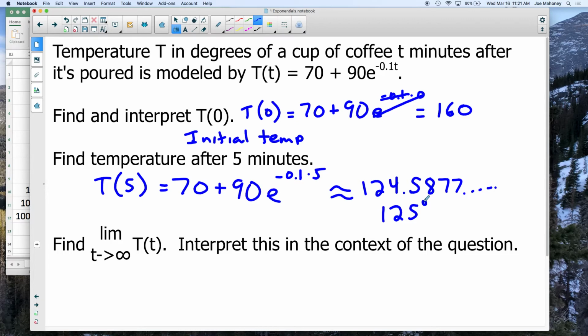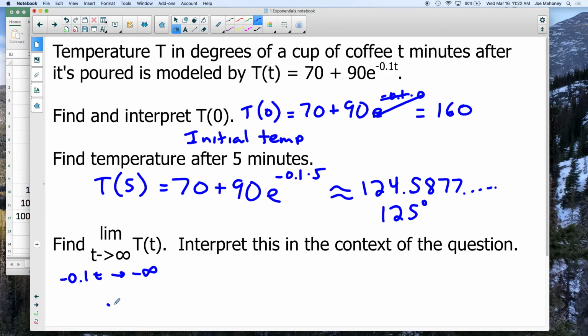Now think about the limit here for a minute. As we take this limit as the value of t goes off to infinity, let's just look at what the equation's doing. So first of all, as t gets bigger and bigger and bigger, the value of negative 0.1 times t, what's that thing doing? It's actually approaching negative infinity.